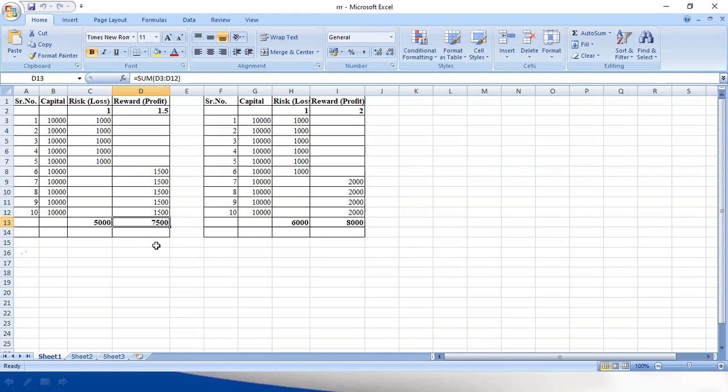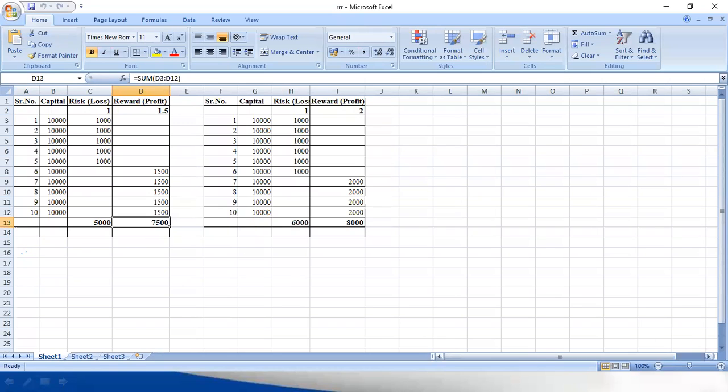Even if I'm correct 50% of the time, I will make money. So even if I make wrong trades, which I also do, and which every trader does, you have to see to it that you have a good risk reward ratio. If my risk is less and my reward is more, ultimately, I will make money.